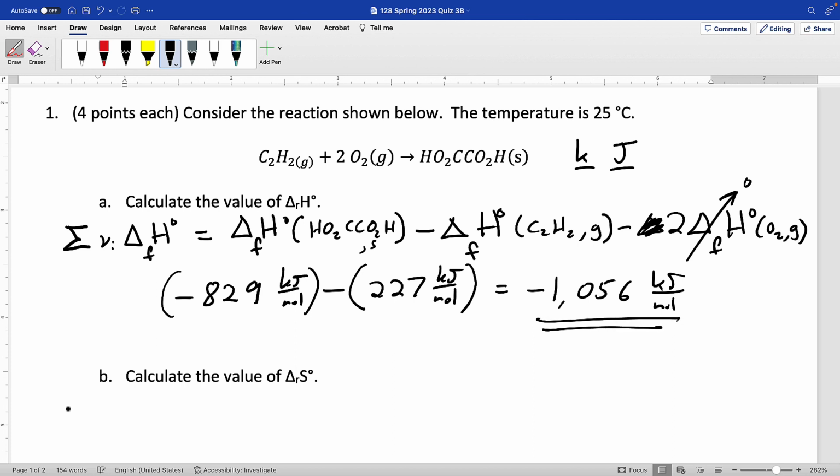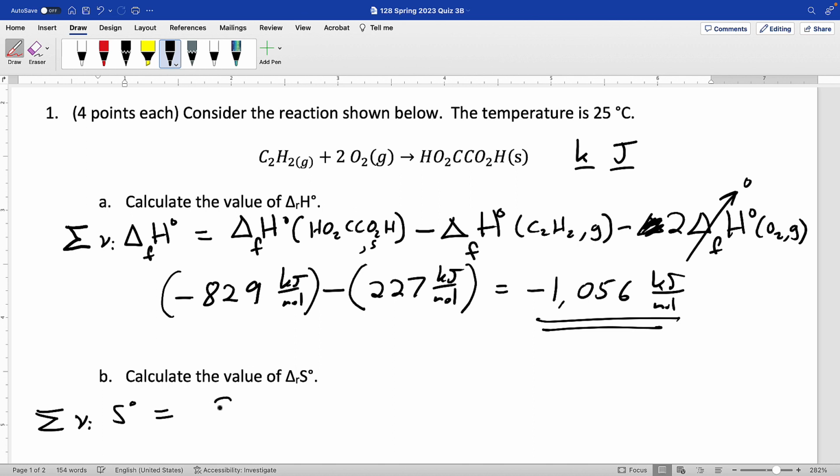The entropy calculation is very similar. We're going to sum up the products and reactants, multiply by the coefficients, and subtract the entropies of the reactants from the products. We have to be a little bit careful on this one. There's a pitfall that some of you fell into.